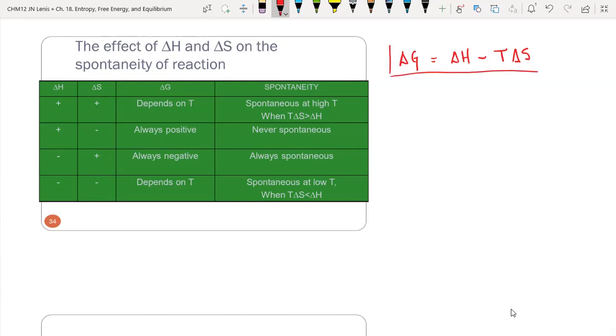This is our fantastic equation that will help us to make predictions in terms of spontaneity of the reaction. This will let you know if the reaction is going to work or not under given thermodynamic conditions. So let's see, we have different possibilities depending basically on the signs of delta H and delta S.